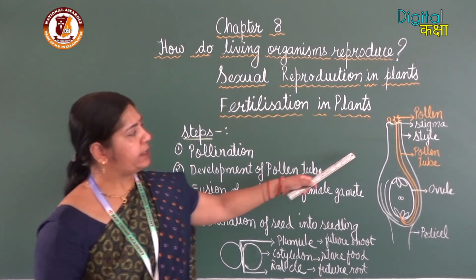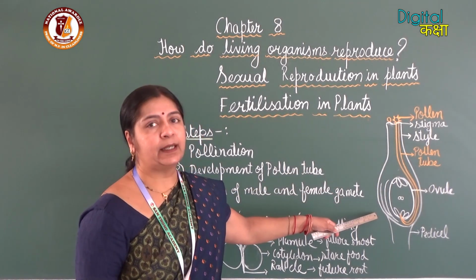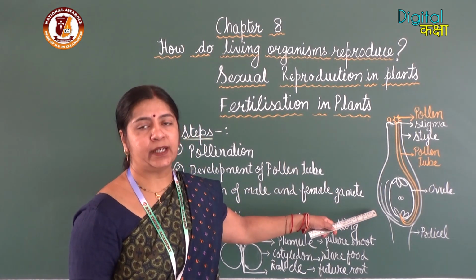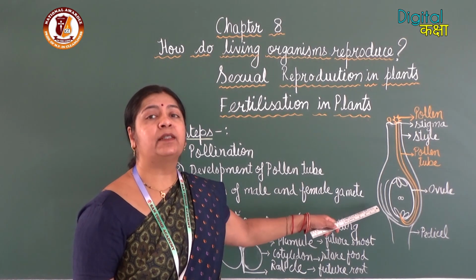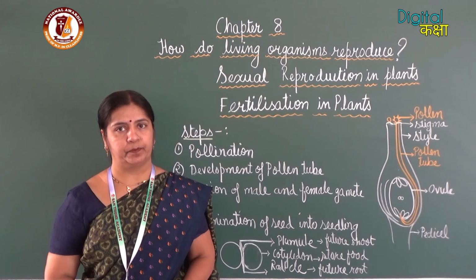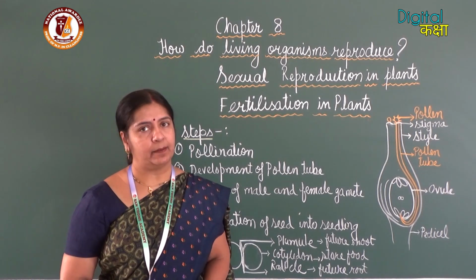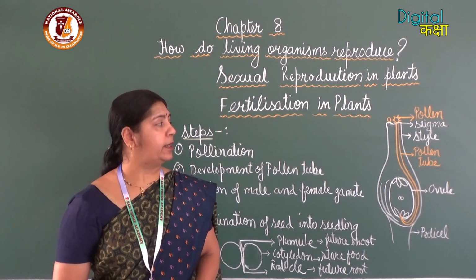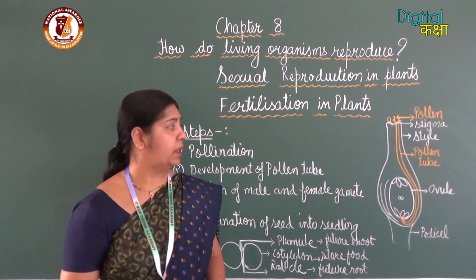As you can see, this is the diagram of fertilization in plants. This is a very important diagram from the exam point of view. Labeling can be asked in the exam.